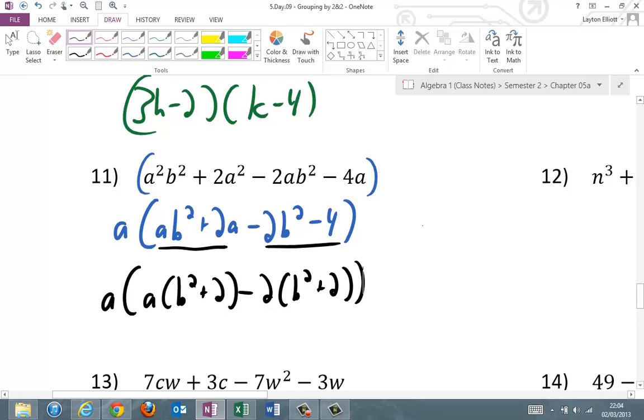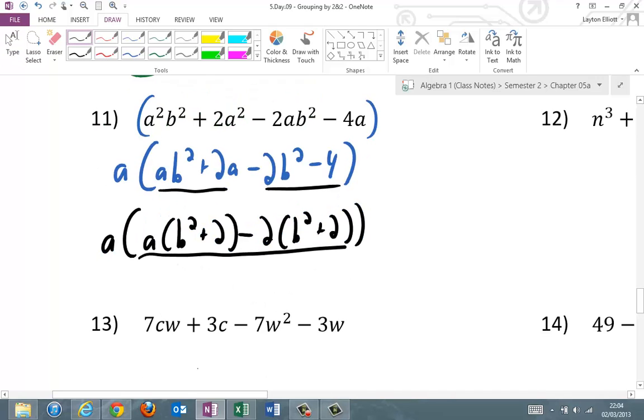And then when I pull out this whole underlined area apart, I take a b squared plus 2 out, and I have an a minus 2 left, and I still have the a out in front. So that's the proper factored form. That's fully factored. And that reminds us we do need to check for a greatest common factor.